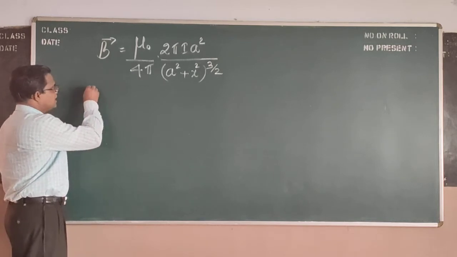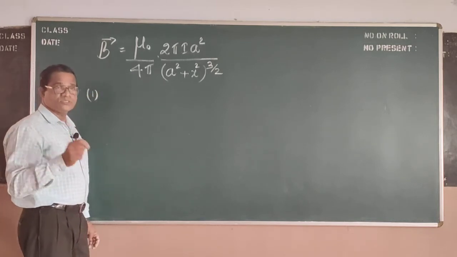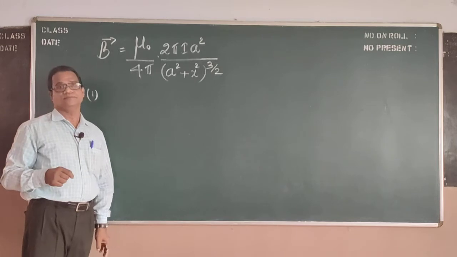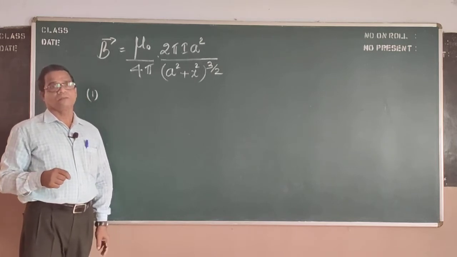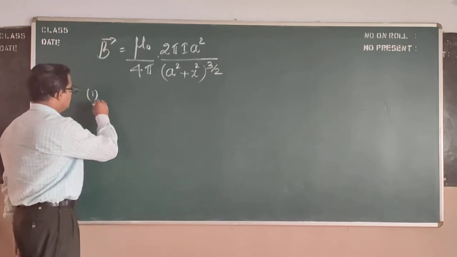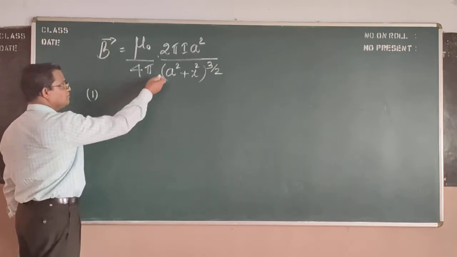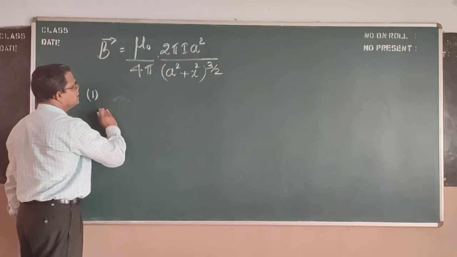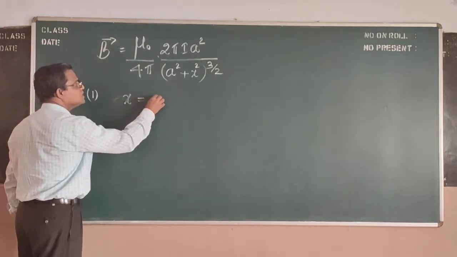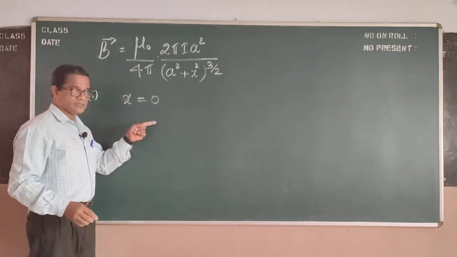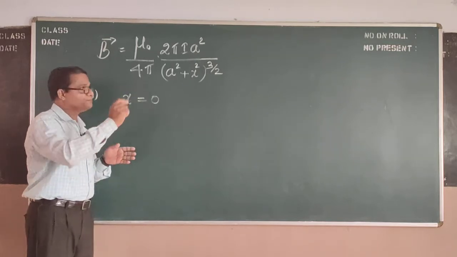First special case is that suppose the point lies at its center. So when the point lies at its center, we can consider x equal to 0, because x is measured from the center.